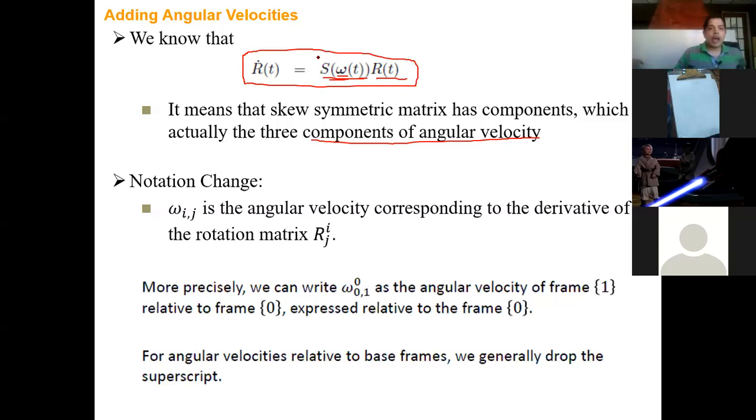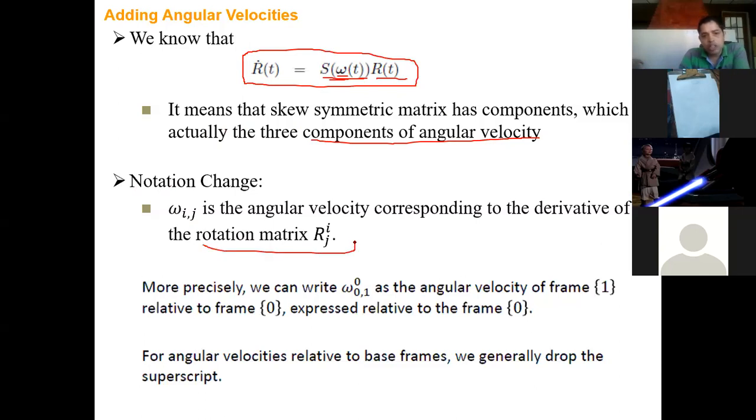Now I want to warn you a little bit about a notation change, because it depends on the book, and also here we want to accommodate something. That's why we want to change the notation. Remember, how do you represent the rotation matrix?